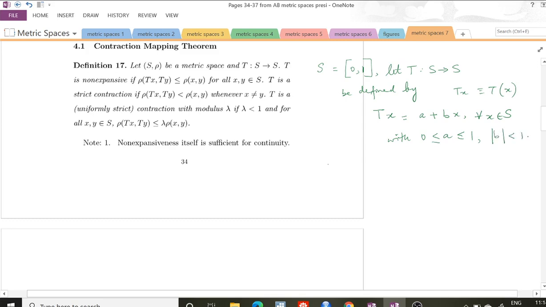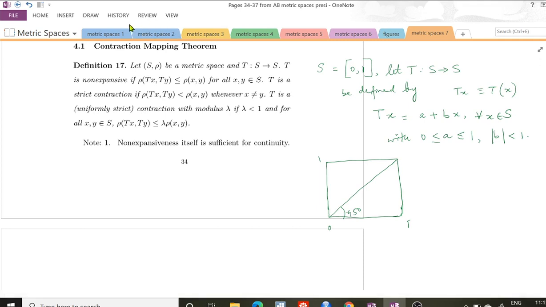let's just draw this here, right? So we have a 45-degree line, the reason for which will become more apparent as we travel a little bit further.